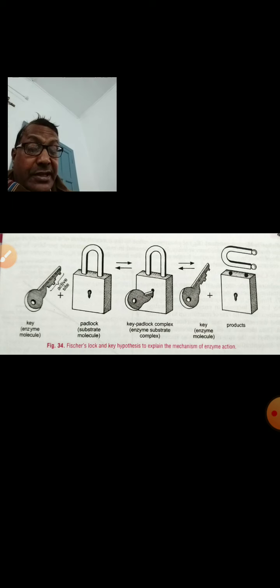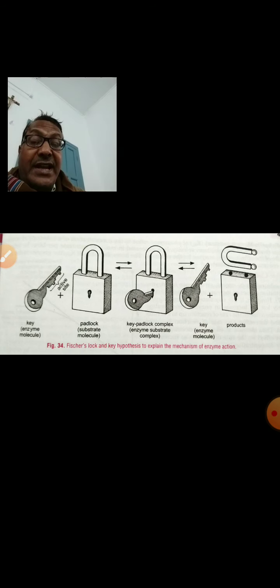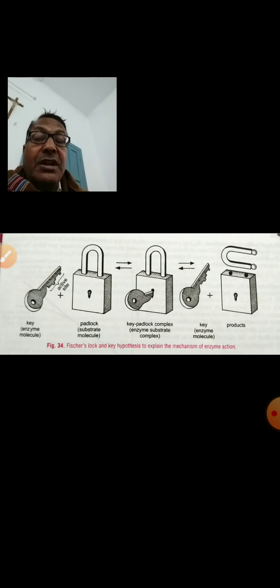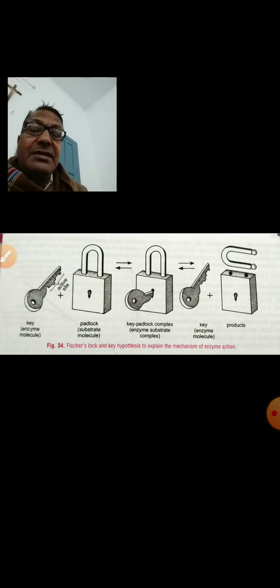So the lock and key model accounts for enzyme specificity. A particular enzyme only catalyzes a particular substrate. For example, pepsin enzyme can catalyze the hydrolysis of protein. It cannot catalyze the hydrolysis of polysaccharides or fat.